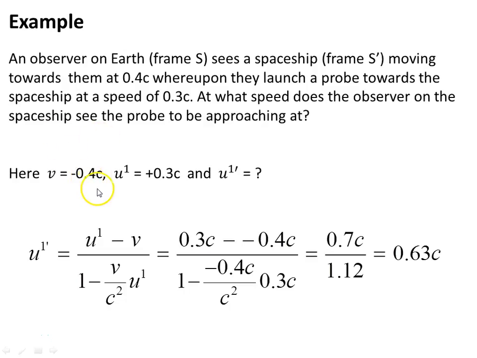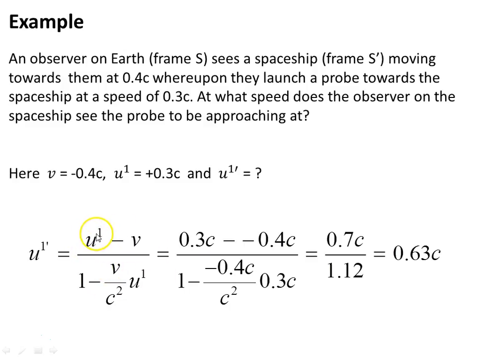It's in the negative x direction, not moving away from them. So the speed they record of the spaceship coming towards them is negative 0.4 c because it's in the negative direction. The observer on Earth sends out a probe at 30% speed of light in the positive x direction, so hence plus 0.3 c. But what does the observer on the ship in the primed frame S prime see? Well, the observer in the S primed frame sees all of this.